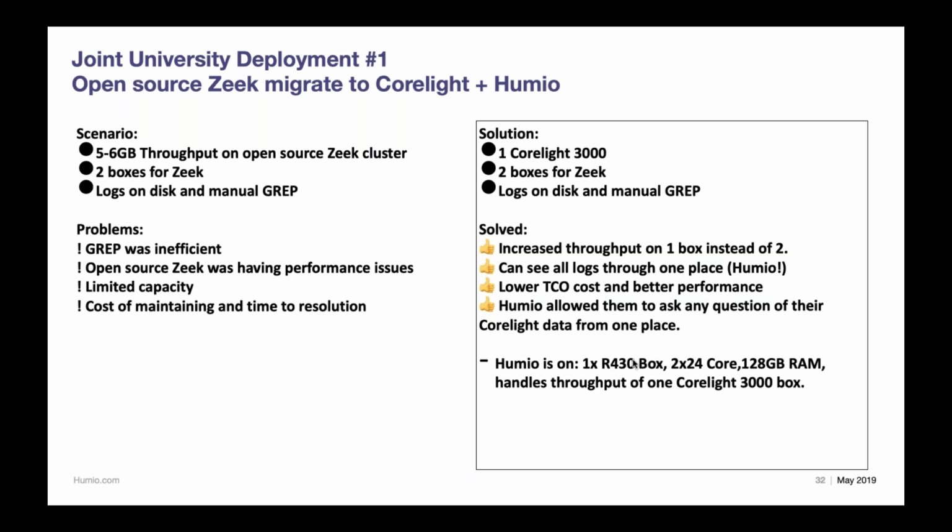And they were able to ask any question across all that data, which they weren't able to do before. When you're doing manual grepping, you can only ask certain questions within the context of that one box that you're grepping into. But now, since you have everything in one place, you can ask questions across all that data. And then below is an example of the box that Humio is on. For those not familiar, the Corelight 3000 box has a maximum throughput of 25 gigabytes.